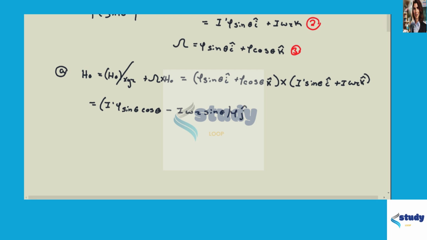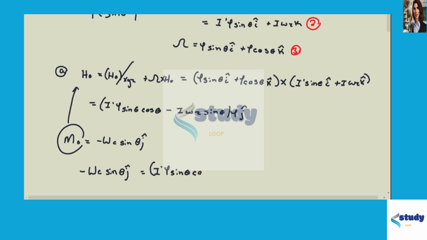Okay. And so now we have this equation, which is C sine theta j. And we're going to substitute this in for this H here. And we have C sine theta j equals I phi sine theta cosine theta minus I_z sine theta phi j. Okay, cancel, cancel, so we have to cancel, cancel, and cancel.